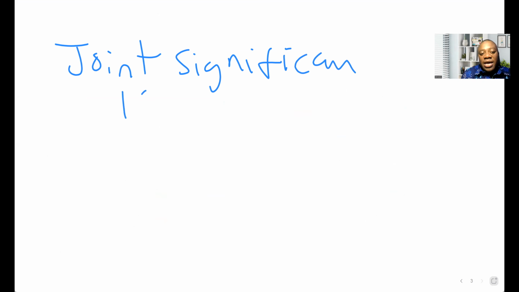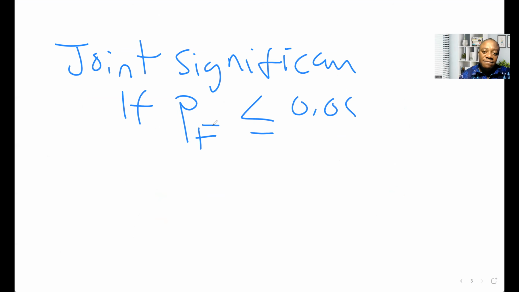Well, here is a rule. If the p-value of the F statistic is less than or equal to 0.05, if the p-value of the F statistic is less than 0.05, then the coefficients are jointly significant. That's what it means.